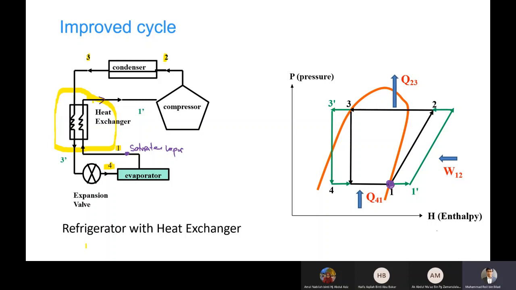It becomes point 1 prime, which is superheated vapor. How is it represented in the chart? From this point, it goes to the right because you are heating it. When you heat it, you go to the right. And then it goes through the normal compression here.